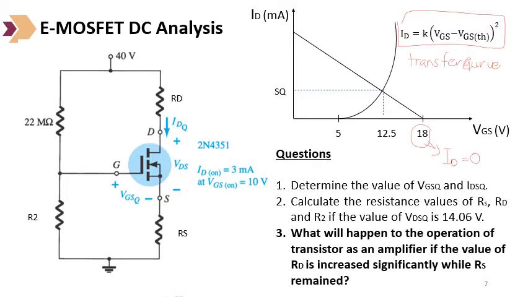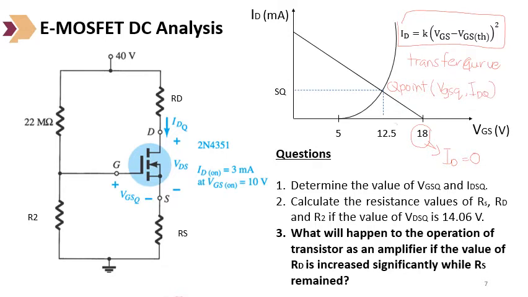So this one is the Q point, in which the x-axis is the VGSQ and the y-axis is the IDQ.